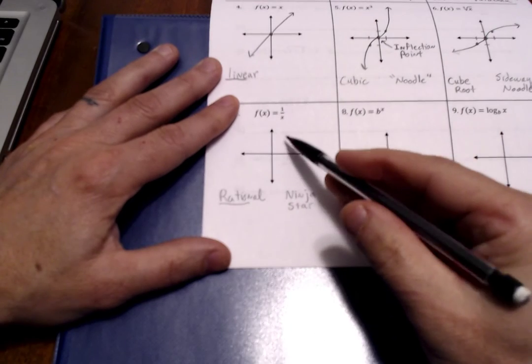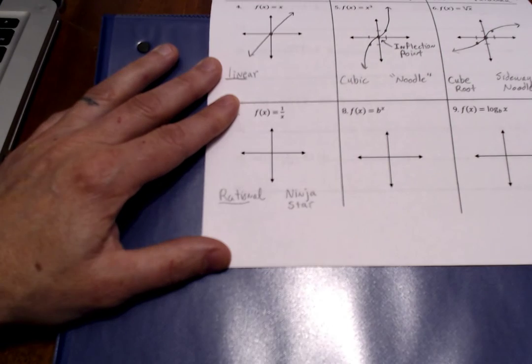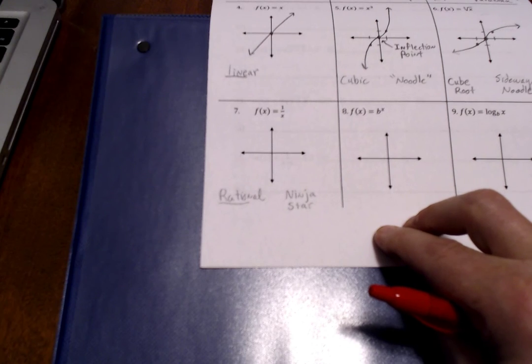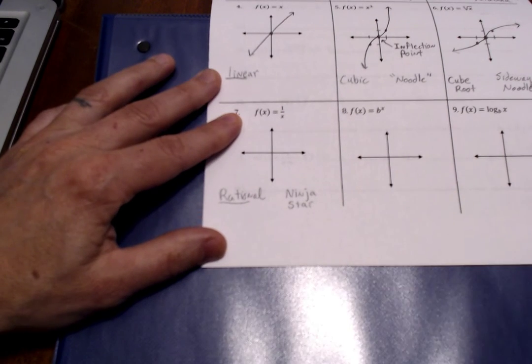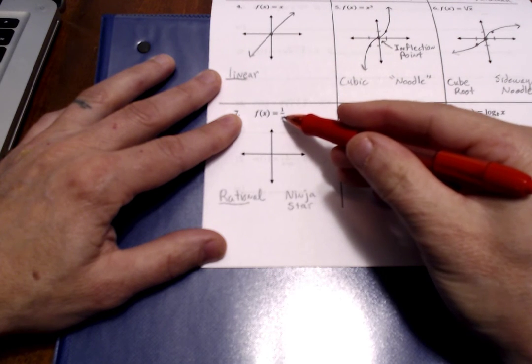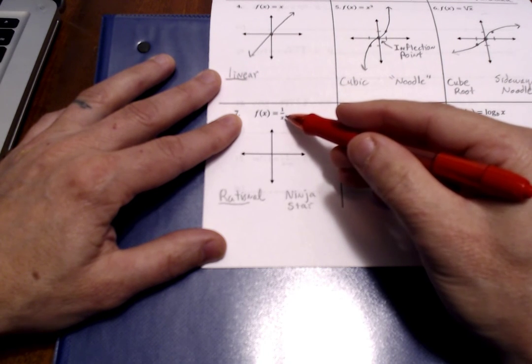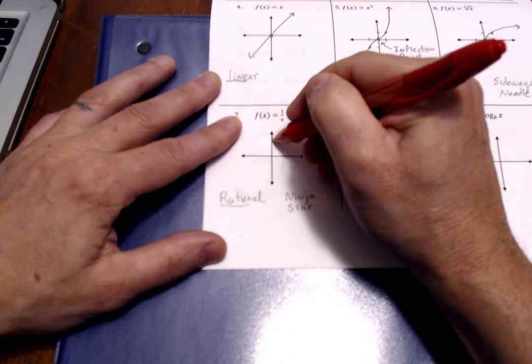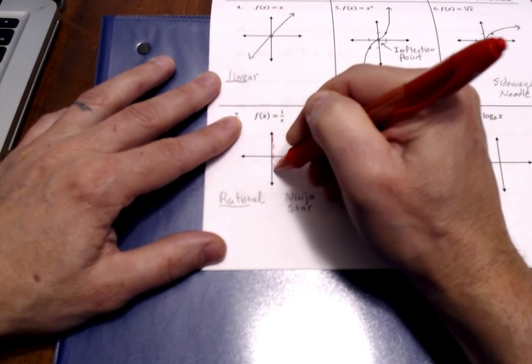This had a very interesting behavior. Remember that this graph has an excluded value known as the vertical asymptote at x equals 0. So we drew this VA in.